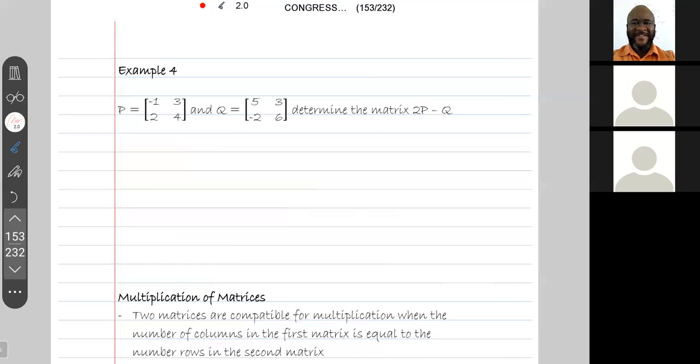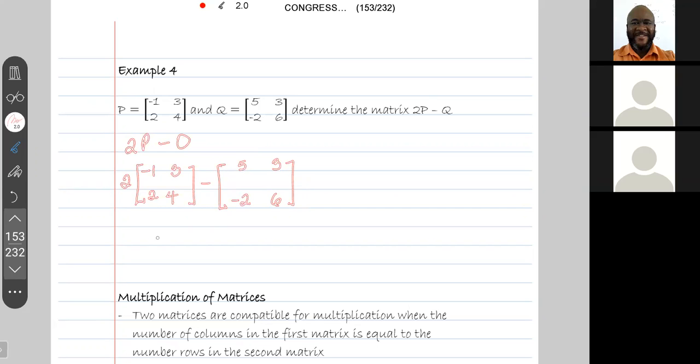So in example 4, we have the matrix P and the matrix Q, and we're asked to determine the matrix 2P minus Q. So we have 2P minus Q. This is 2 times P, which is 1, minus 1, 3, 2, 4, minus Q, which is 5, 3, minus 2, 6.